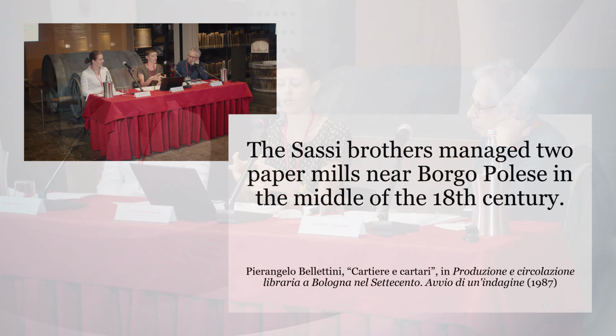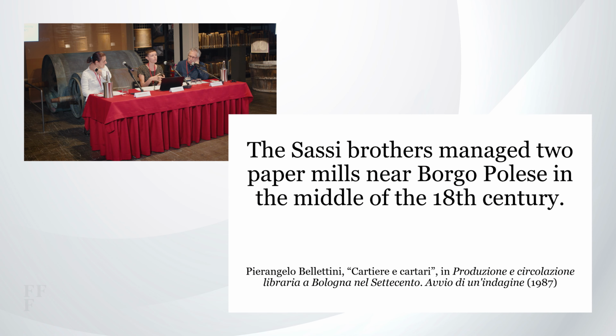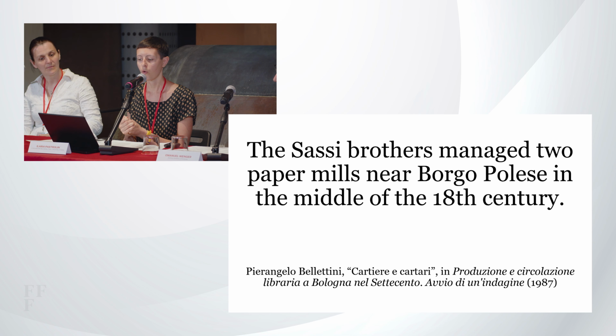Bologna had the characteristic of having paper mills in the city, or close. So he talks about urban paper mills, and two of these urban paper mills, called La Buca and Stradello, were managed by a family, a historical family in the paper making and printing history of Bologna, the family Sassi.